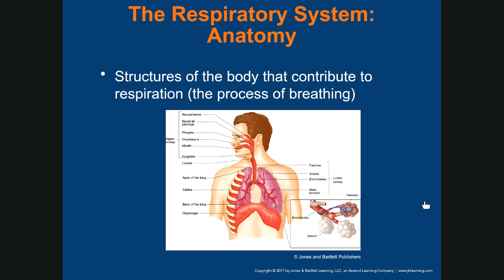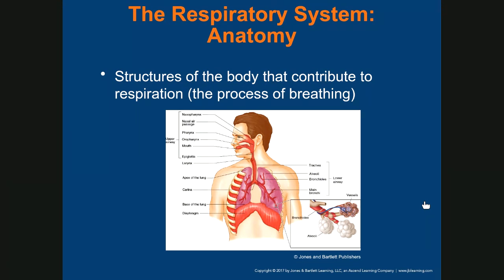Now, if ventilation, oxygenation, and respiration are good, it will ultimately lead to good perfusion. And that's what the body needs. The body needs good perfusion. And when we talk about perfusion, we're talking about the exchange of oxygen and the removal of CO2, right?